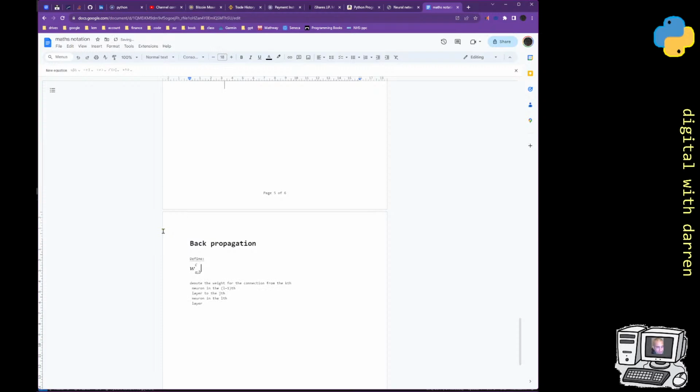We're going to define this notation as follows, where this W denotes the weight for the connection of the kth neuron. I'll make that bold: where W denotes the weight for the kth neuron.